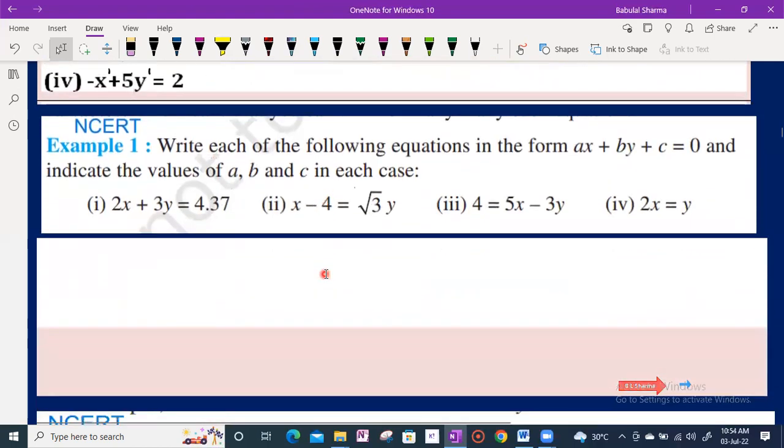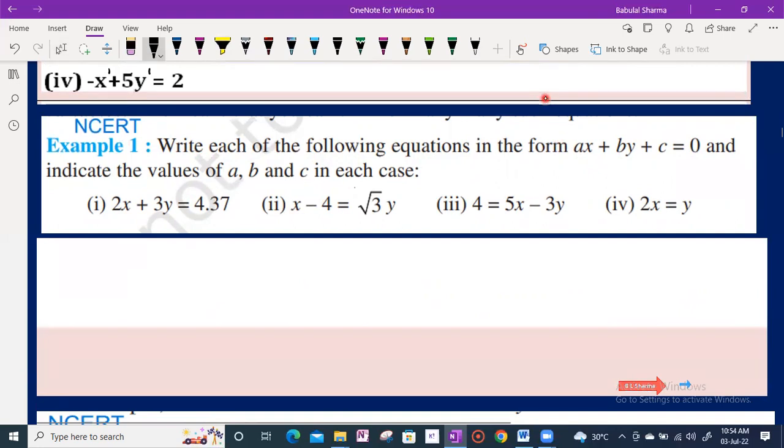You see here. Example number 1 of NCERT. Write each of the following equations in the form ax plus by plus c is equal to 0 and indicate the values of a, b and c in each case.